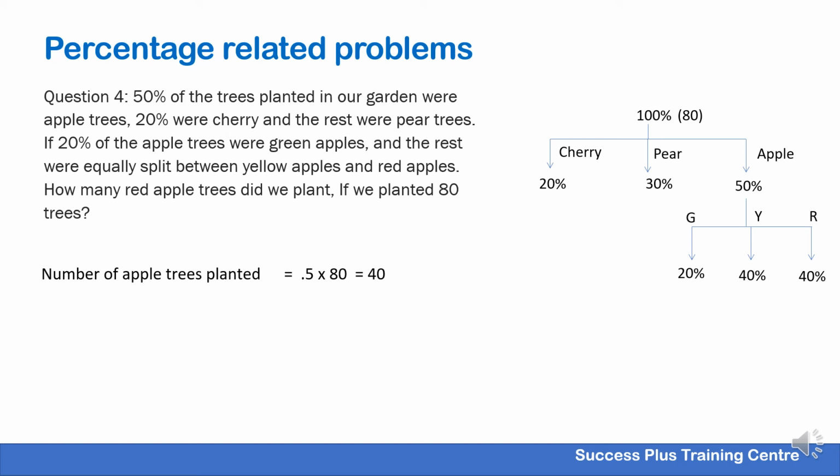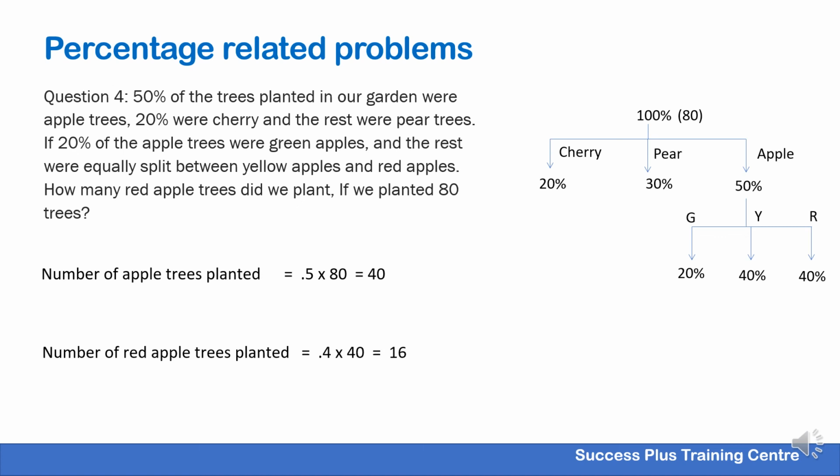In order to find out the number of red apple trees that were planted, we need to find out the percentage of red apple trees that were planted. The question states that 20% of the apple trees were green apples, and the rest were equally split between yellow apples and red apples. Using tip number 5 from previous videos, this means the rest of the percentages equals 80%.